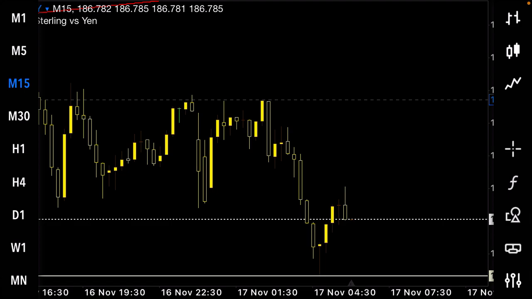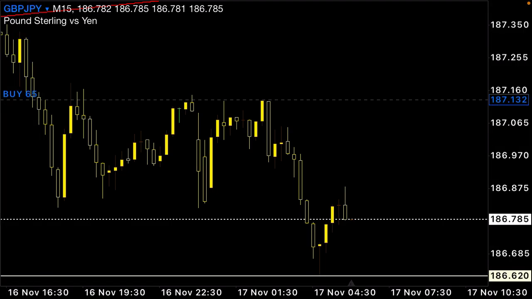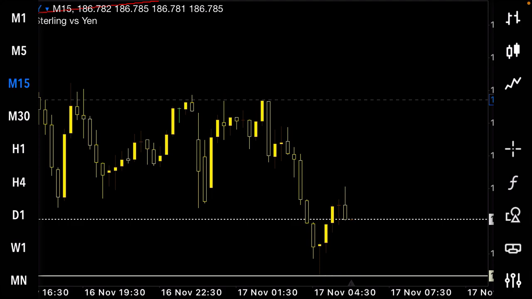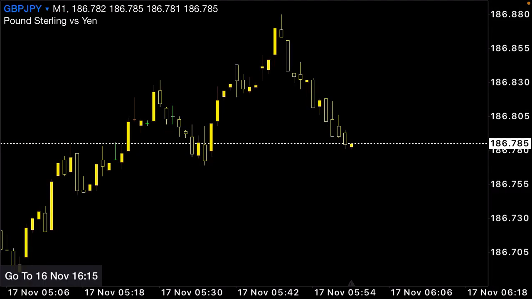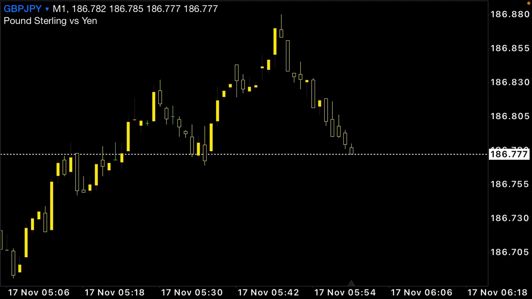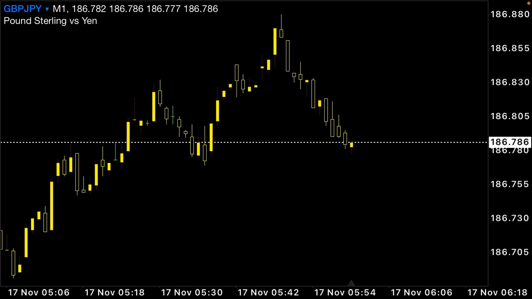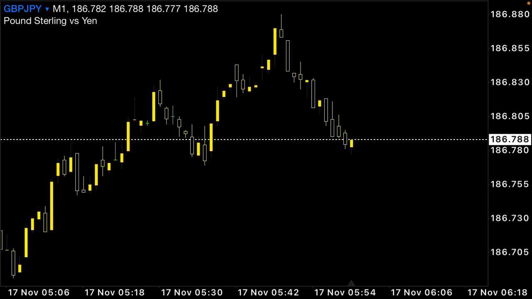Up here at the top left, it says M1. Tap on it. And then each one of these candlesticks is 1 minute time frame, so it's easier to see how the price moves up and down.